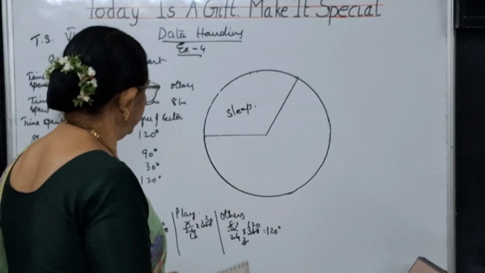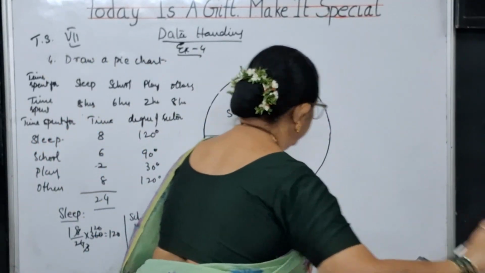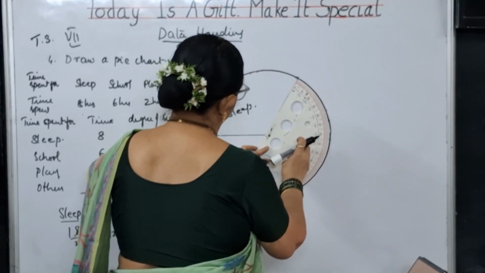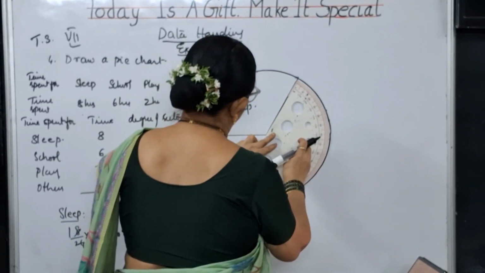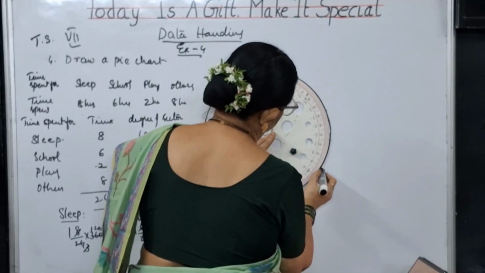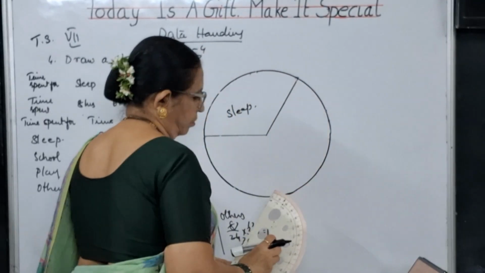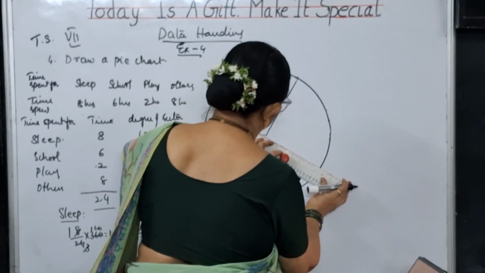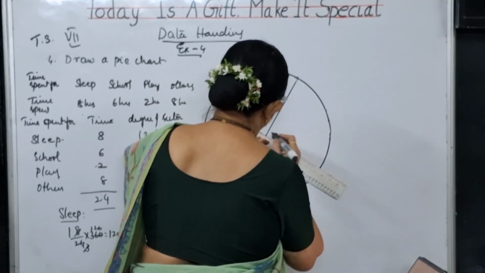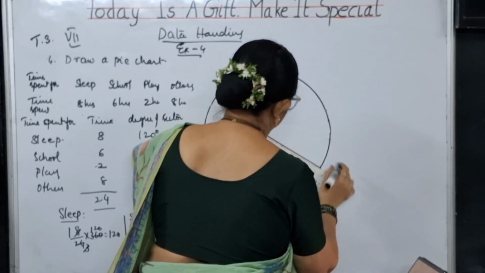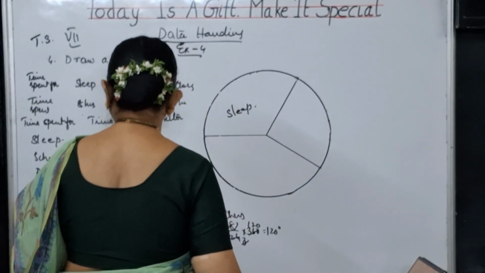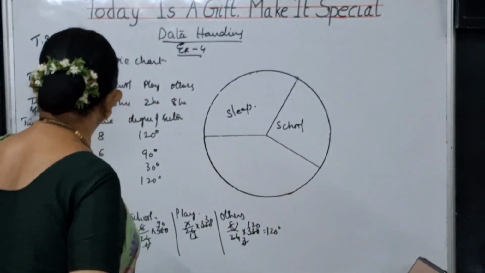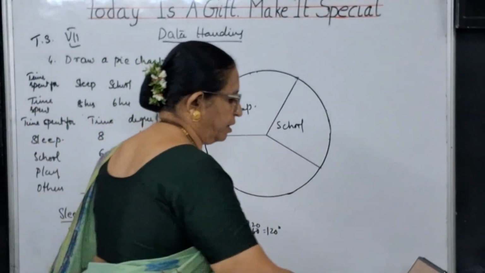And then 90 degrees. From here, 90 degrees is here. So let us join this. This is 90 degrees. This is school. School 90 degrees. Then play 30 degrees.